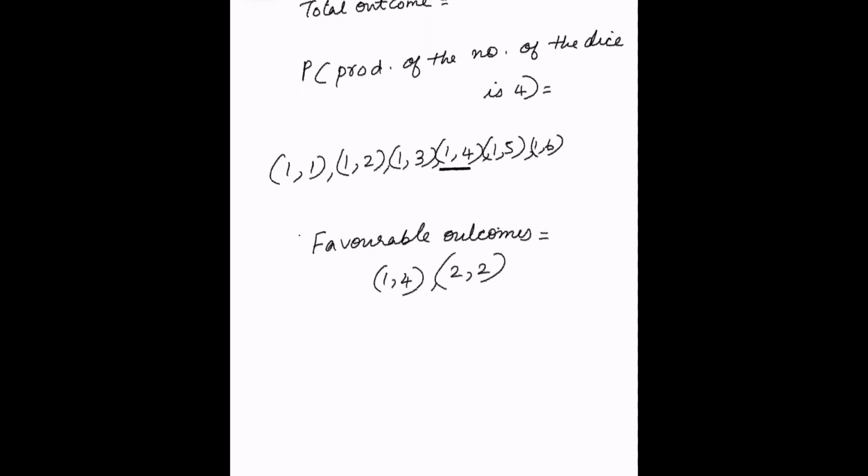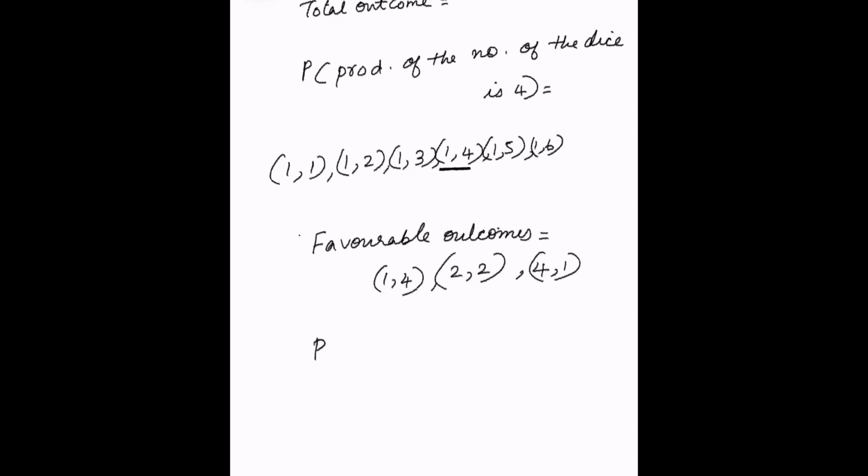Nothing else. 2, 3, 2, 4, 2, 5 are not helpful. In the third row, where the first dice shows the number 3, you will never get 4 as a product. Now coming to the fourth row, you get 4, 1. Fifth row nothing, sixth row nothing. So favorable outcomes are just 3.